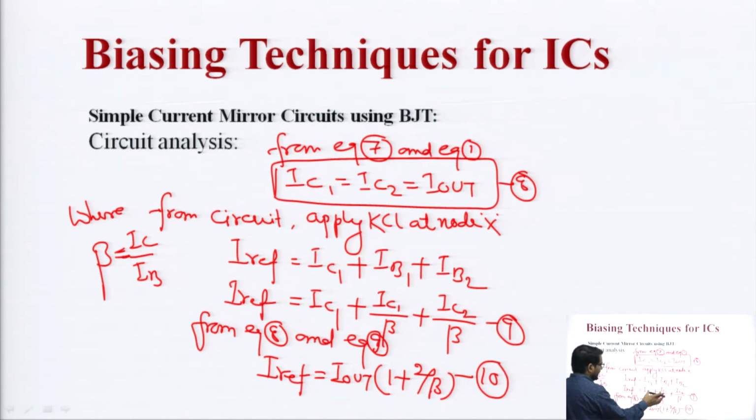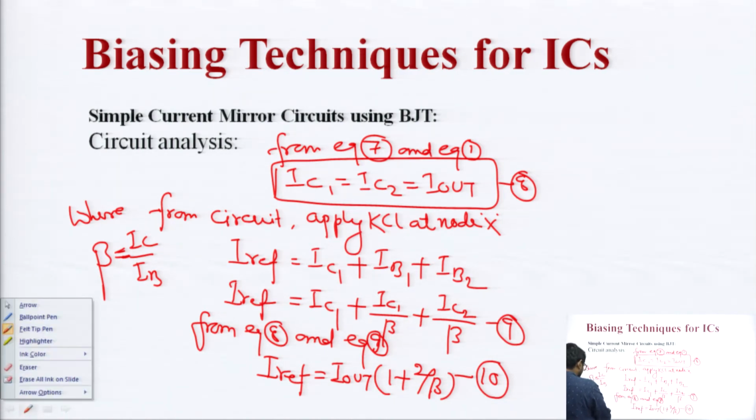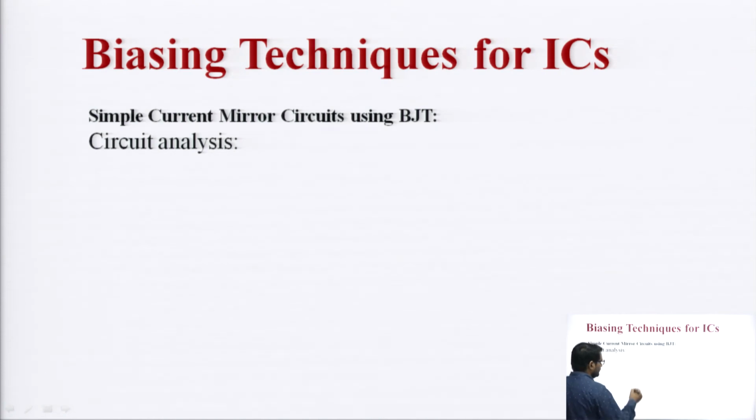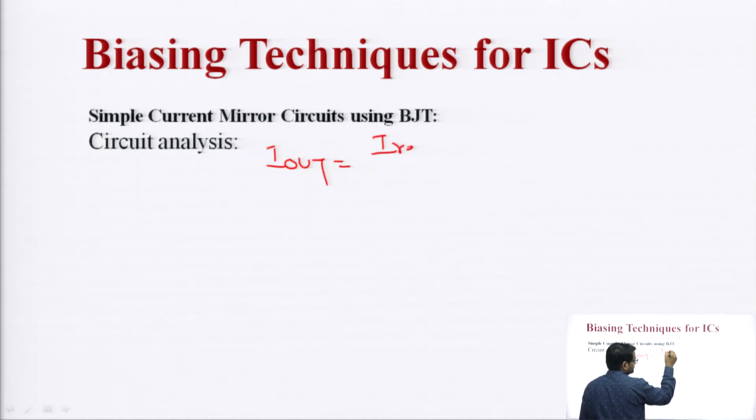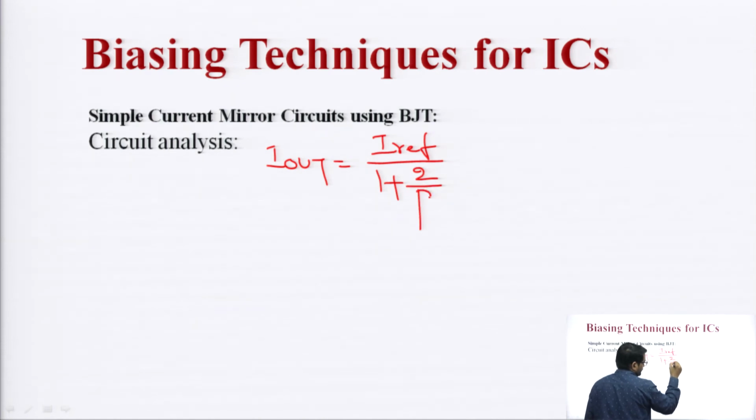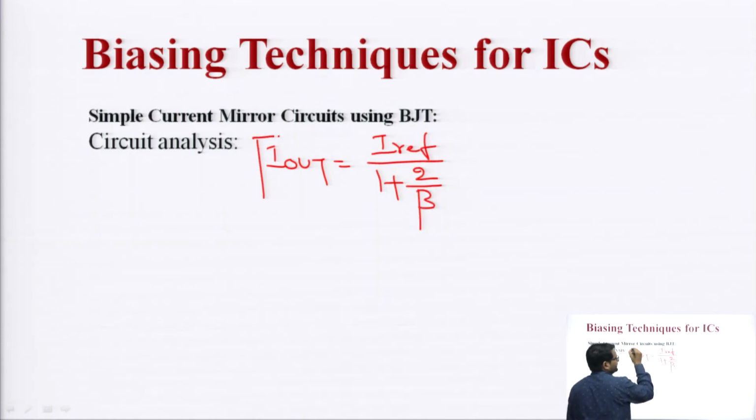We put IC equal to IC1 equal to IC2, then we find I reference equal to I out times 1 plus 2 by beta. That is, I out equal to I reference divided by 1 plus 2 by beta.